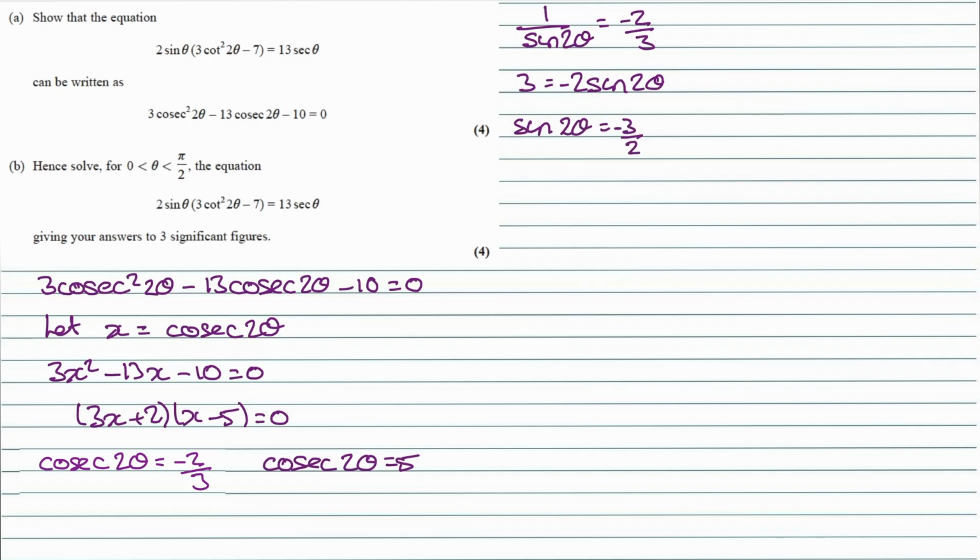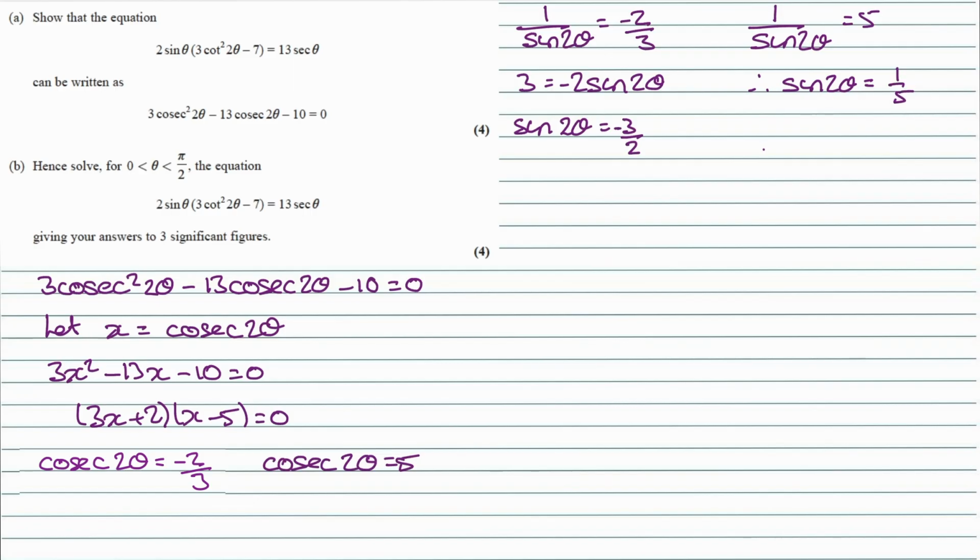And we know the sine of 2 theta will have a range between 1 and negative 1. So this solution is not valid. So our other solution must come from cosec 2 theta equals 5. So 1 over sine 2 theta equals 5. Therefore, sine 2 theta equals 1/5.